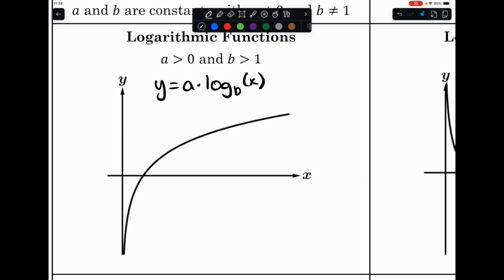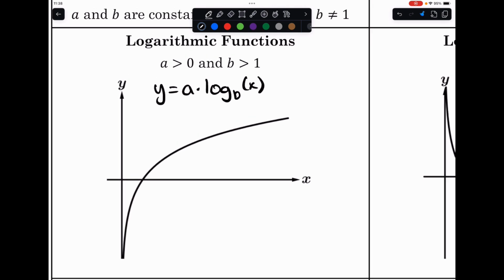The x value here can never be a negative number, so the domain of this function is values greater than 0.